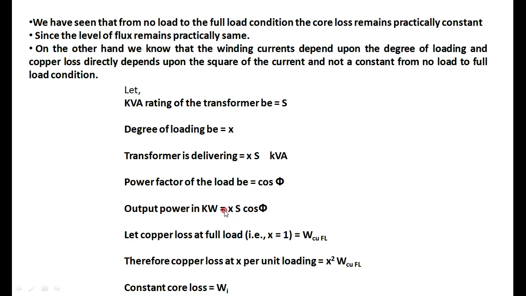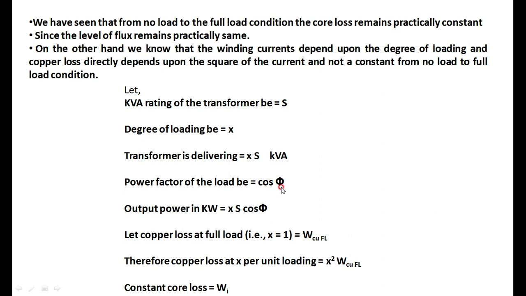That is kVA multiplied by the power factor, or volt ampere multiplied by the power factor, gives the watts. You can see that there is active power, reactive power and apparent power. If we multiply cos phi to the apparent power, that gives the watts. If you multiply sin phi to the apparent power, that gives the reactive power. Here, the output of the transformer is x into S into cos phi.